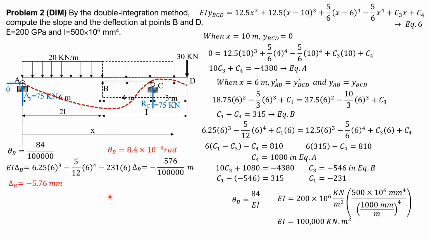Then for theta D, we have no other choice except to use equation 5, because we cannot use equation 2 for theta D. That's only for portion AB.